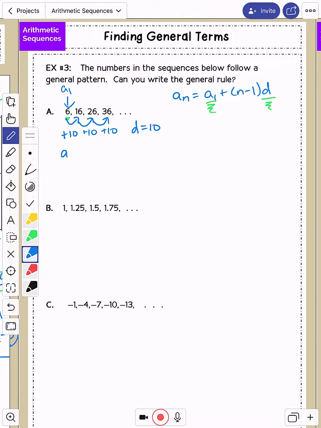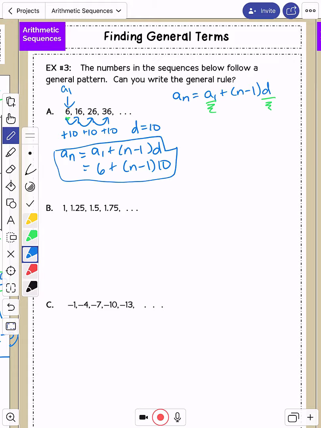All right, so A sub n is equal to A1 plus n minus 1 D. A1 is 6 times n minus 1, and D is 10. And you may be tempted to simplify. Like I said, you're fine right here with this, but you can simplify.